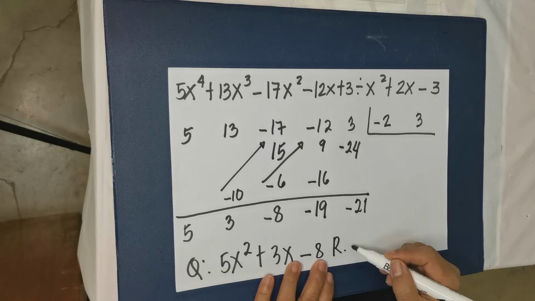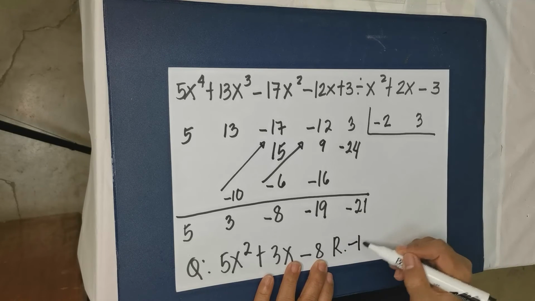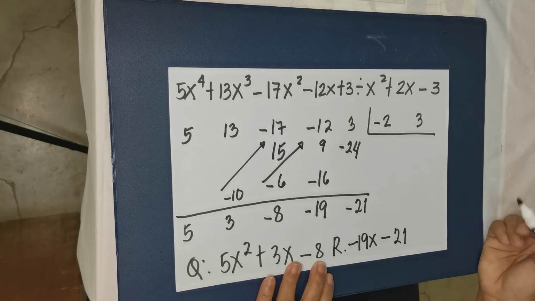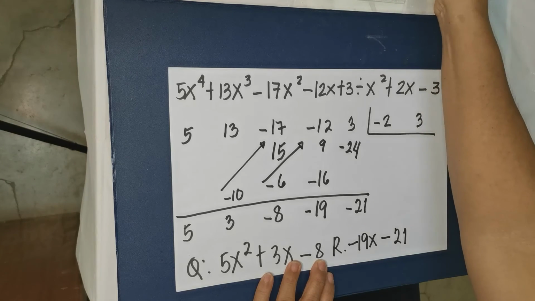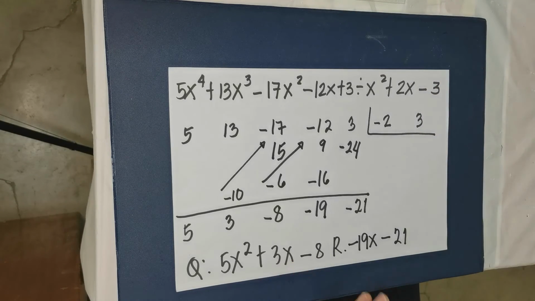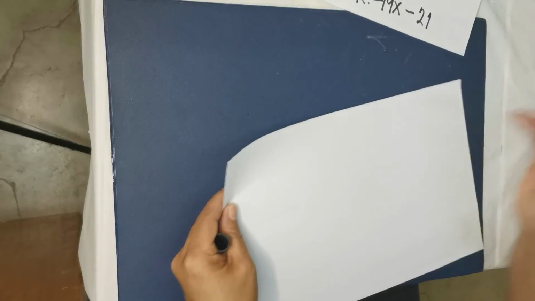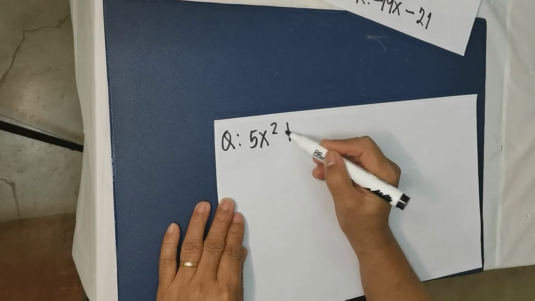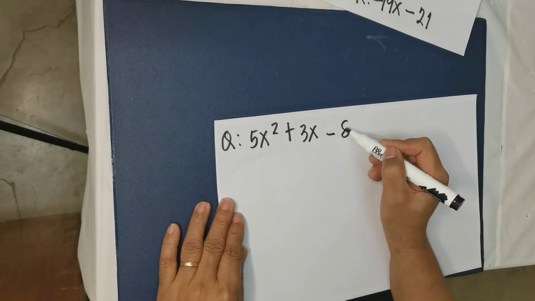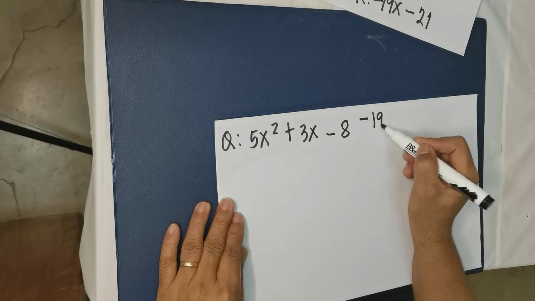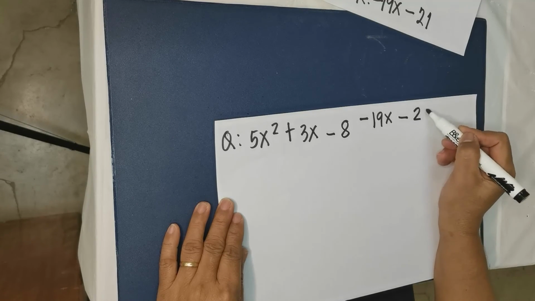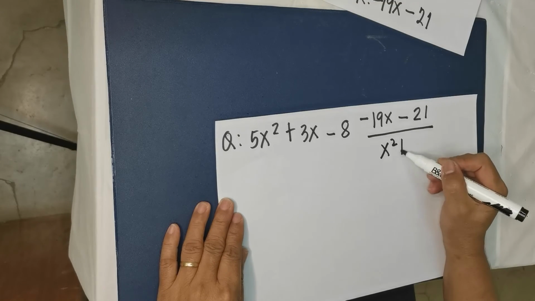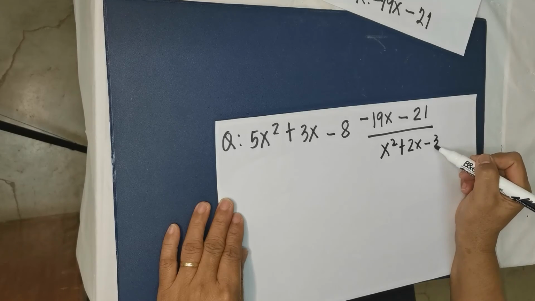Since this is now your negative 19x minus 21. So, if we are going to write this in another form, this would give us our final answer for the quotient as 5x squared plus 3x minus 8 minus 19x minus 21 over your x squared plus 2x minus 3.